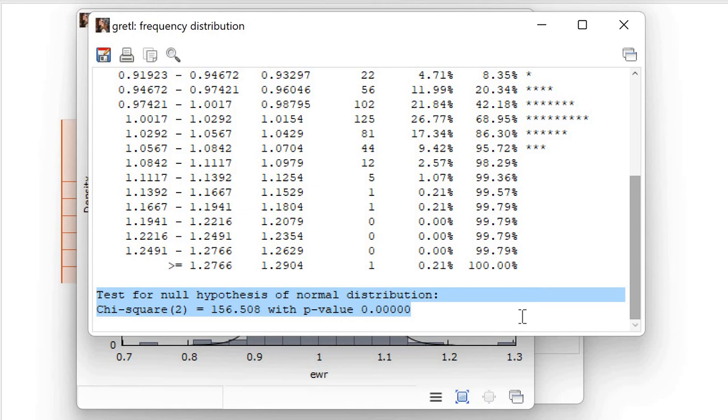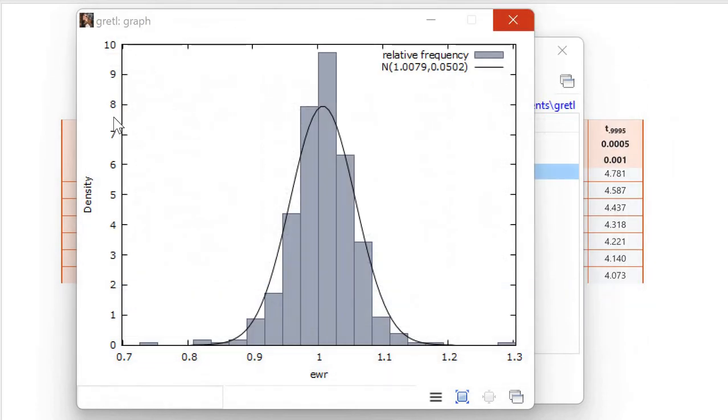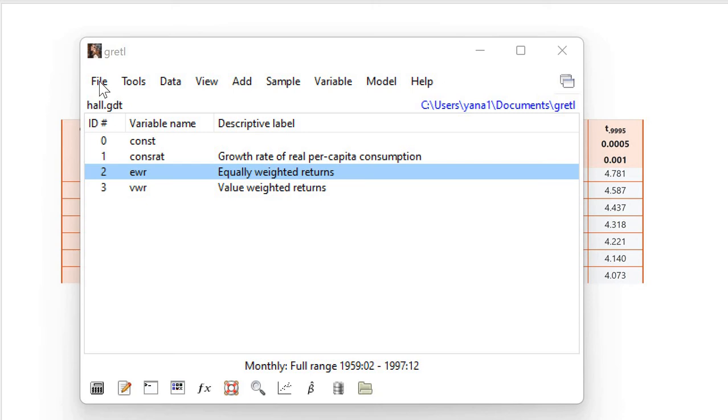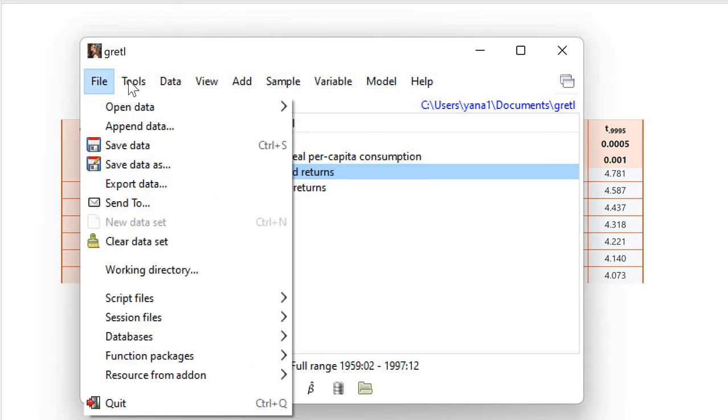It's definitely smaller than 0.01 or 1%. So this means that we can reject the null hypothesis of normal distribution at 1% level of significance in favor of the alternative hypothesis, which states that data is not distributed normally. So I believe it's very useful, probably the most useful part of this software.